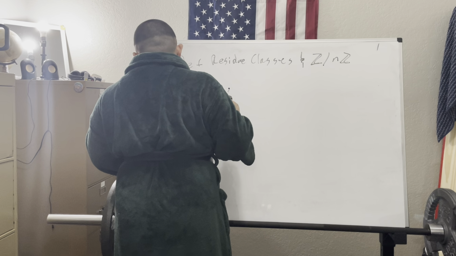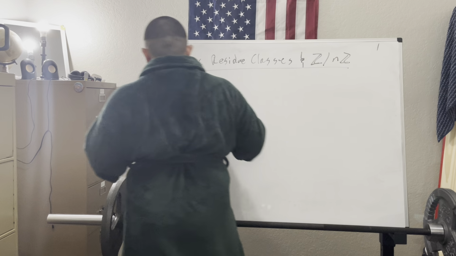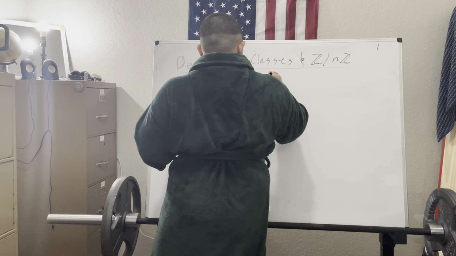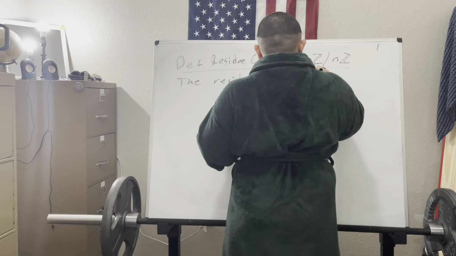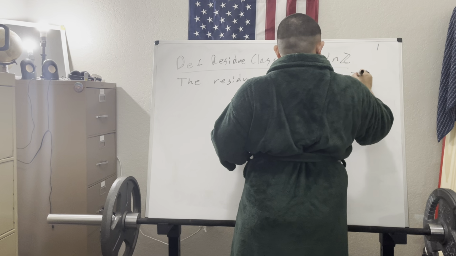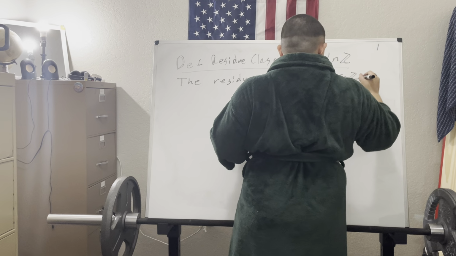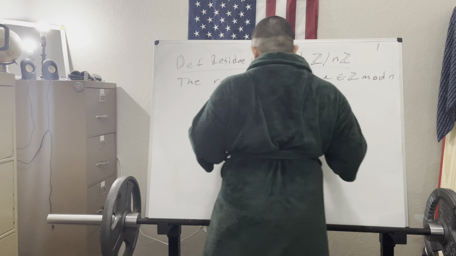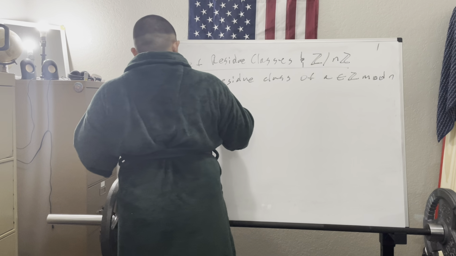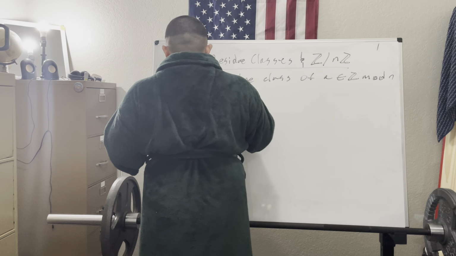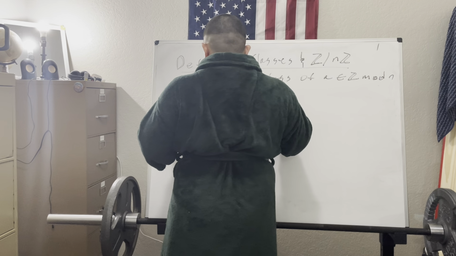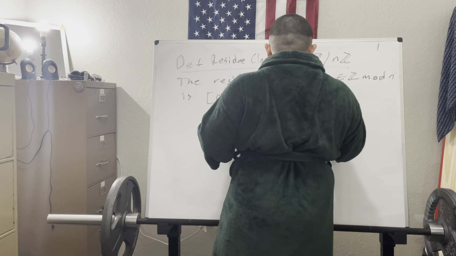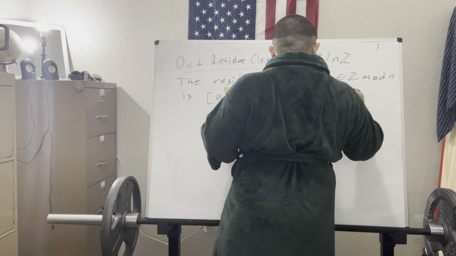The residue class of an integer a mod n is the equivalence class sub a, which is equal to the set of integers b such that b is congruent to a mod n.